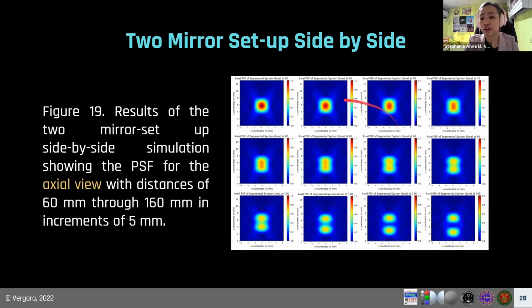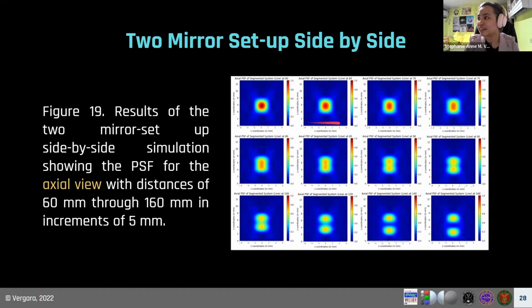Now, for the point spread function of the mirrors placed side by side, for the actual view, it is apparent that as the distance increases, the foci of the segments, which is this circle here, start to diverge and the intensity starts to decrease. For reference, this is the point at 60 millimeters, 65, 70, 75, and so on.